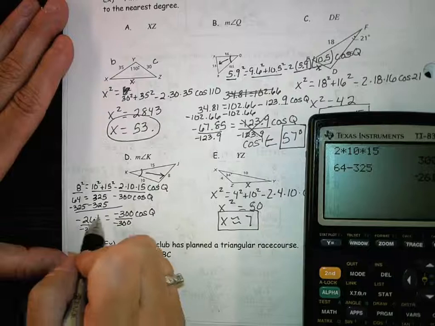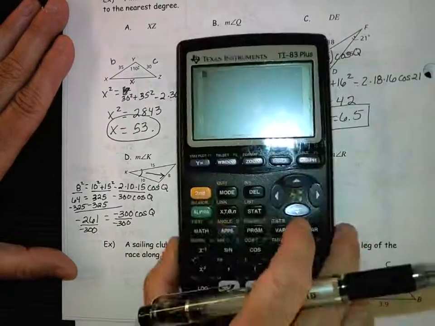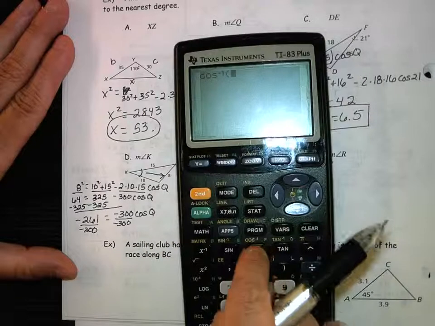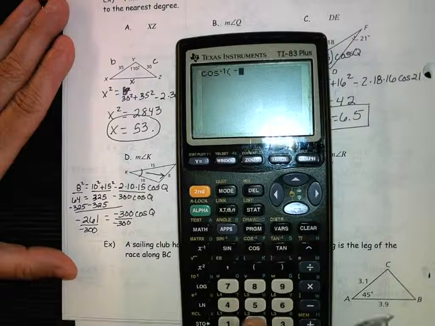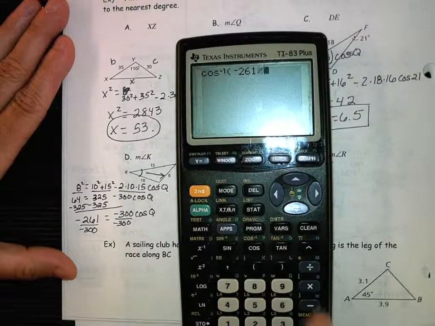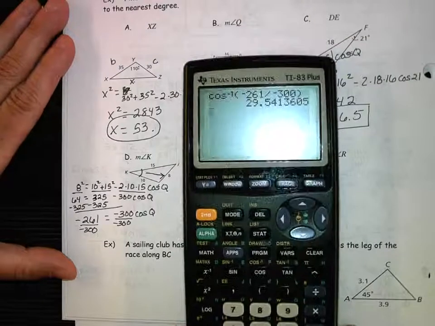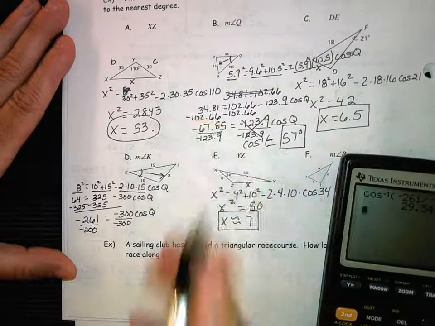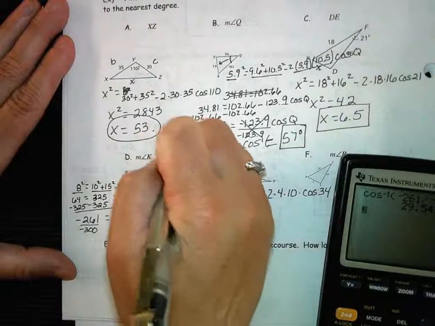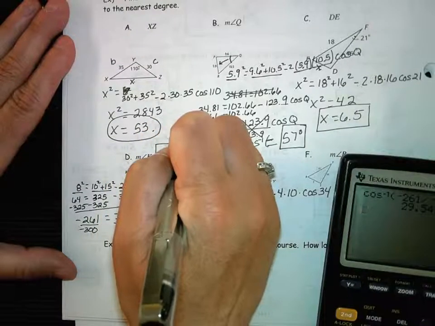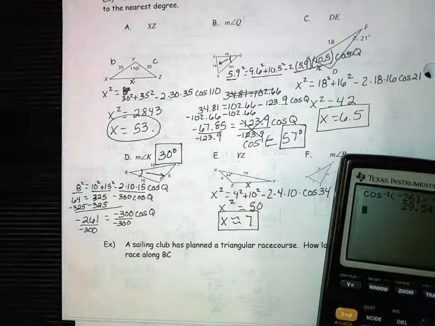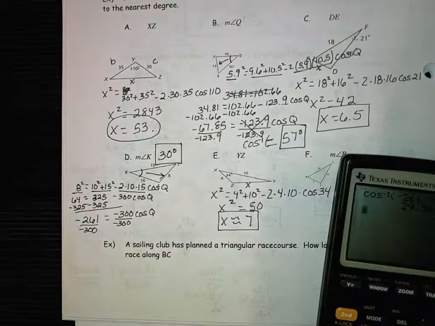You can divide that number and get a decimal if you want, or you can do the inverse cosine. Negative 261 divided by negative 300. That becomes 29.54. So this angle would be right about 30 degrees. Hopefully that one was a little bit better.